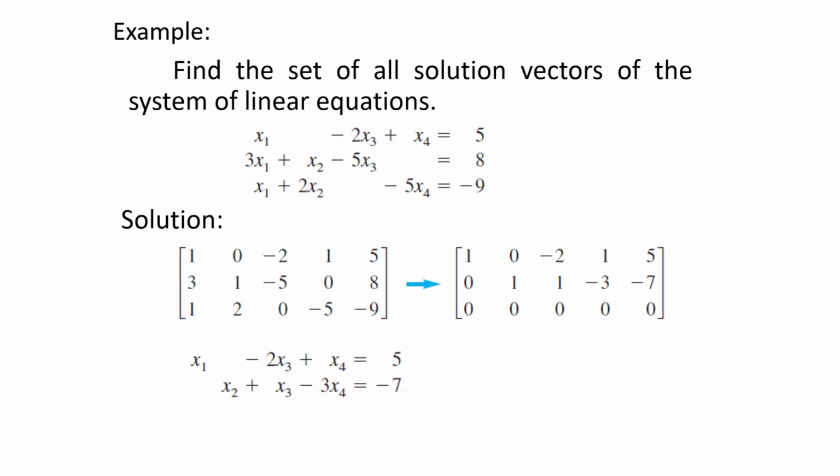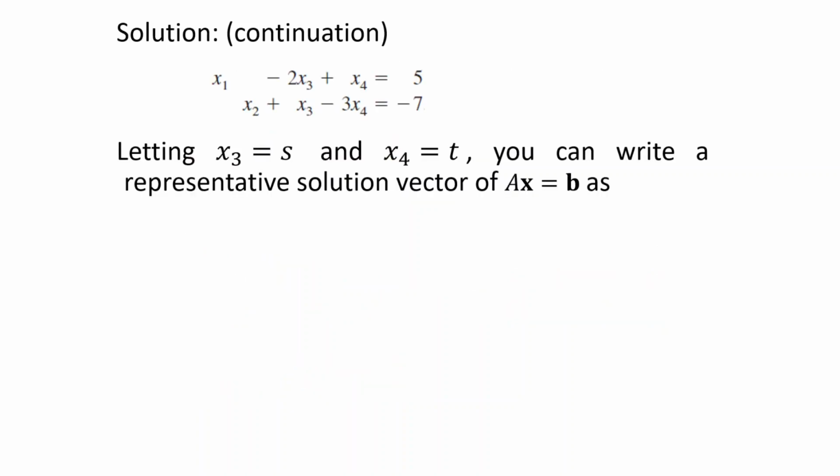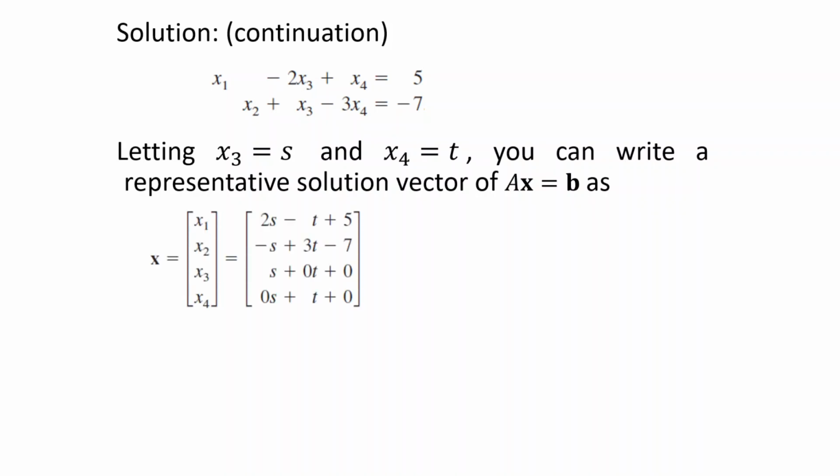So we will let x sub 3 equal s and x sub 4 equal t, where s and t are real numbers. Then we can write a representative solution vector of Ax equals b as, we have that.